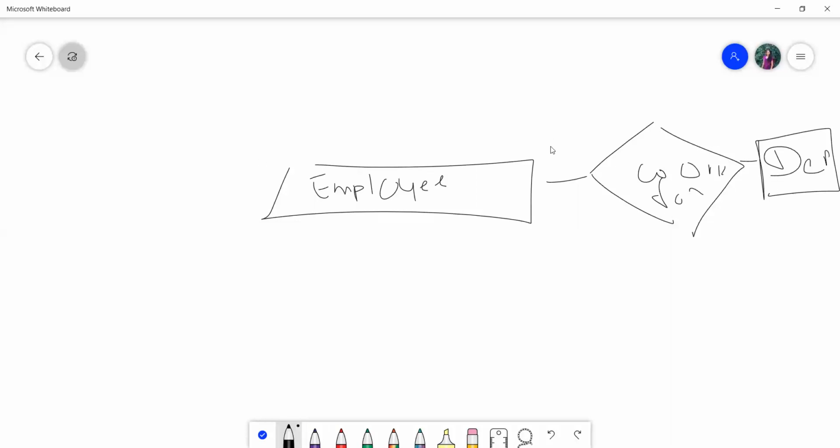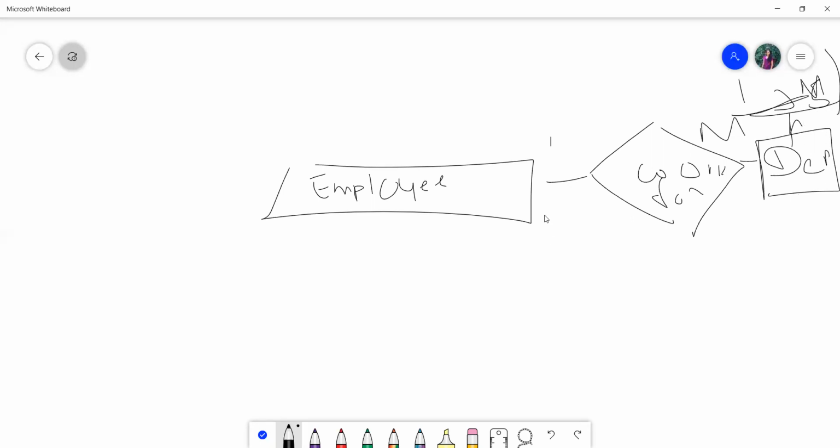In this case, one employee can work for many classes. When we consider this scenario, the minimum number of employees in the department is equal to 1 and the maximum number of employees is equal to 5. Okay, so this is the cardinality.